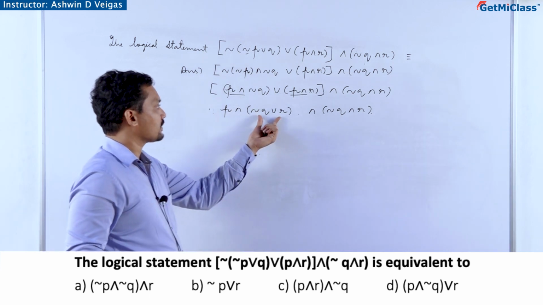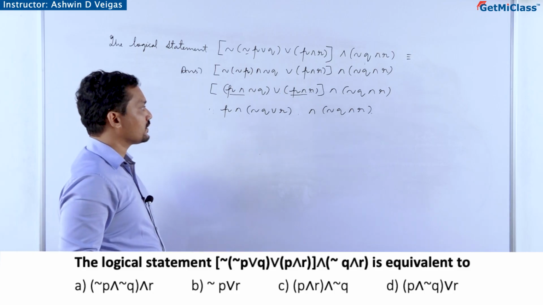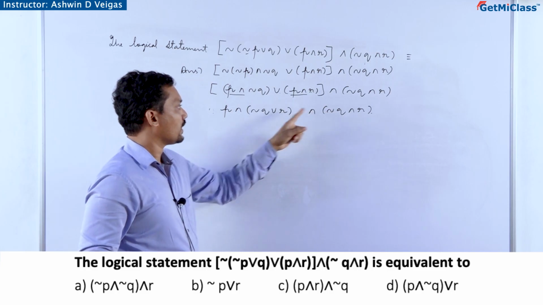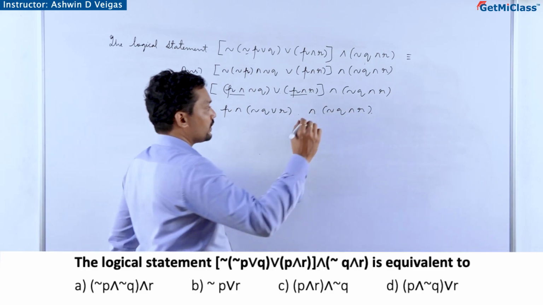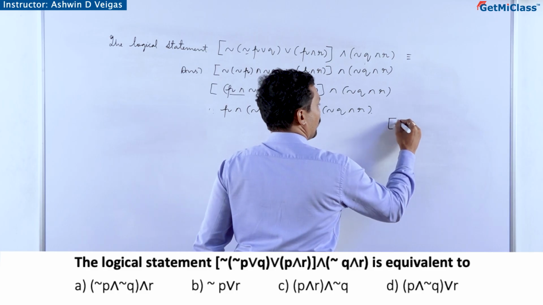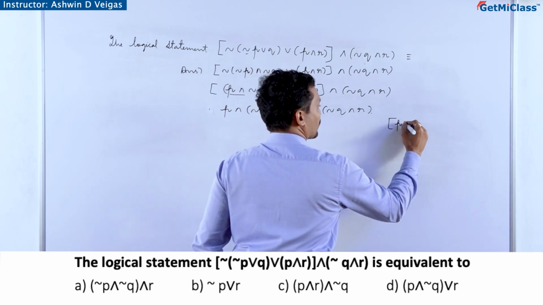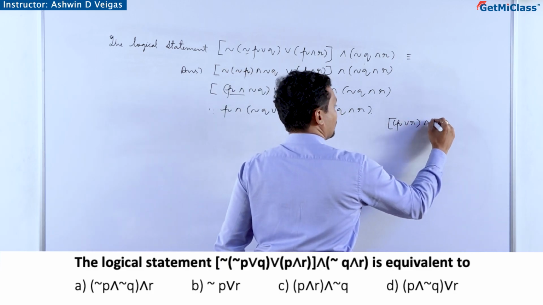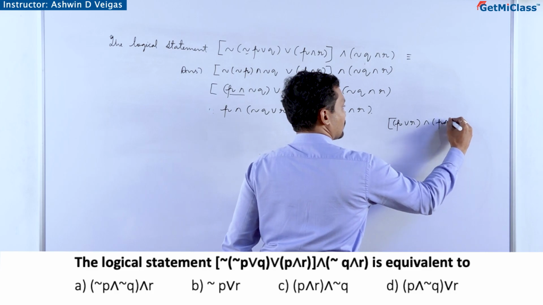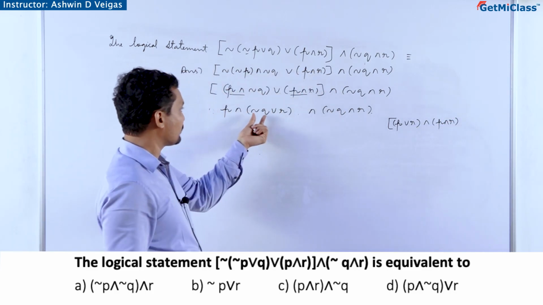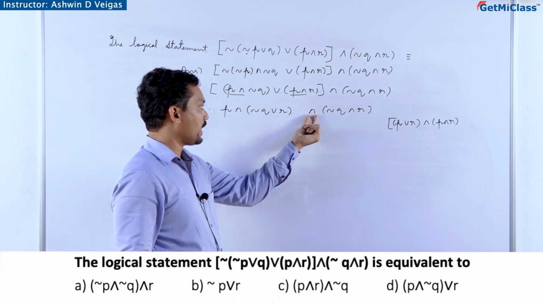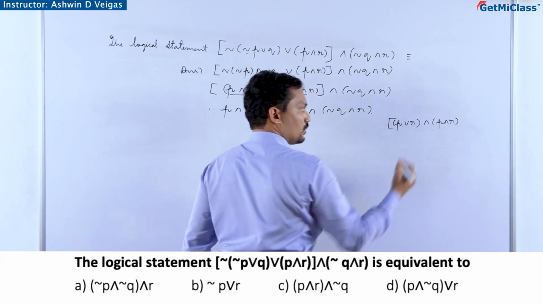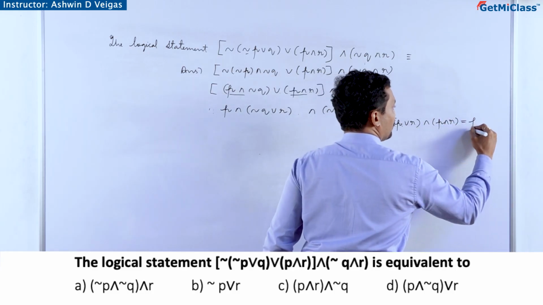Now, if you look at this and this carefully, this is in the form, see, negation of Q, R and R. Now, always remember this rule, if you have P or R and P and R, see, it is exactly in this form, P or R and P and R. Again you can use distributive law, but the answer will always be P and R.